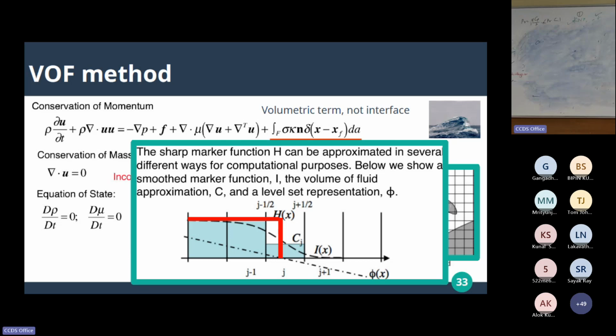Volume of fluid means you are filling some kind of volume in an abstract way. This cell is entirely liquid. This one is entirely liquid. Here, only this much portion is liquid. But because you don't know, it might be in this way, it might be in this way, or it might be in this way also. One can fill it in many ways. What is the effective way you can really fill?